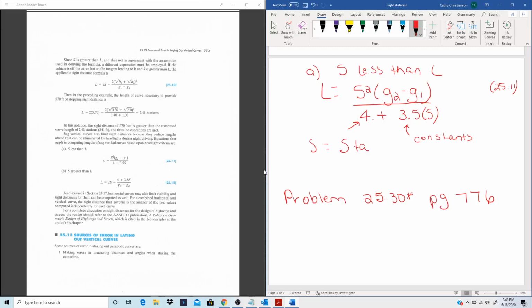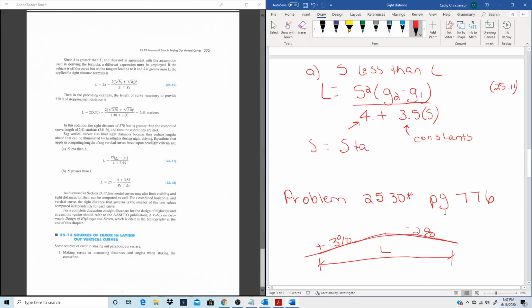So basically I've got a plus 3% and a negative 2%. So again, we're going to be looking for the L. That means it's a crest.